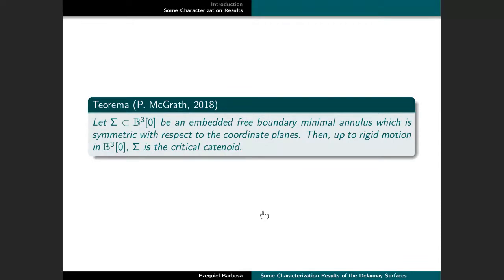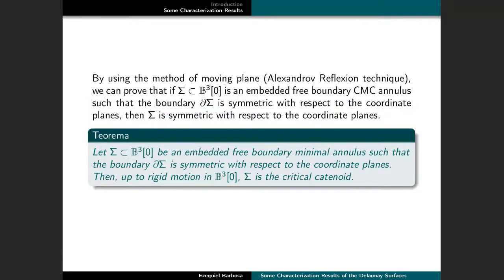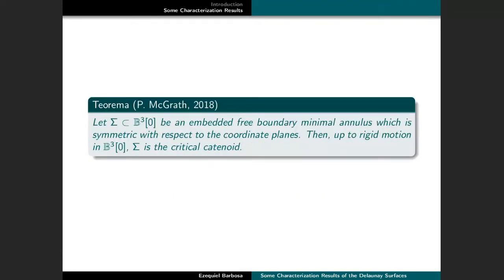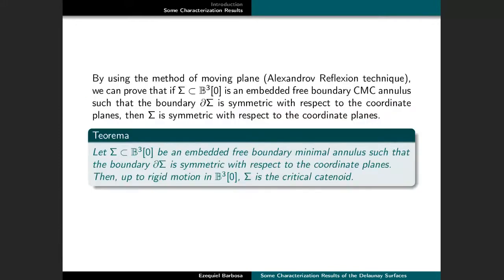And the idea of McGrath was just to explore the symmetric condition in order to prove that the first eigenvalue of this Steklov problem is exactly 1, and then he can use the result proved by Schoen.